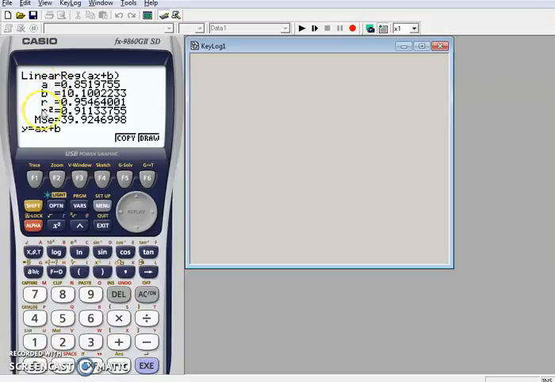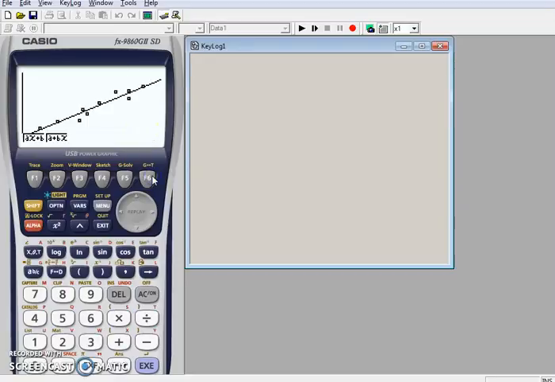It also gives you r. You'll have to write down what r equals. The r is the coefficient of, was it? The correlation coefficient, sorry. And if you want to draw that line, all you have to do is hit draw. And it will draw it in.